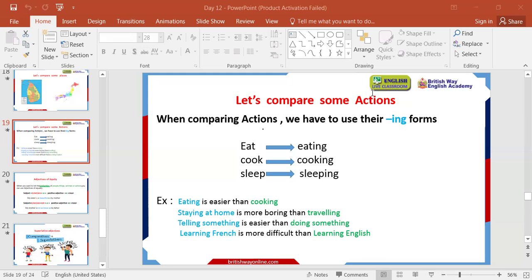Playing is happier than studying. Swimming is better than cooking. Spending money is easier than earning. Sleeping is easier than working.